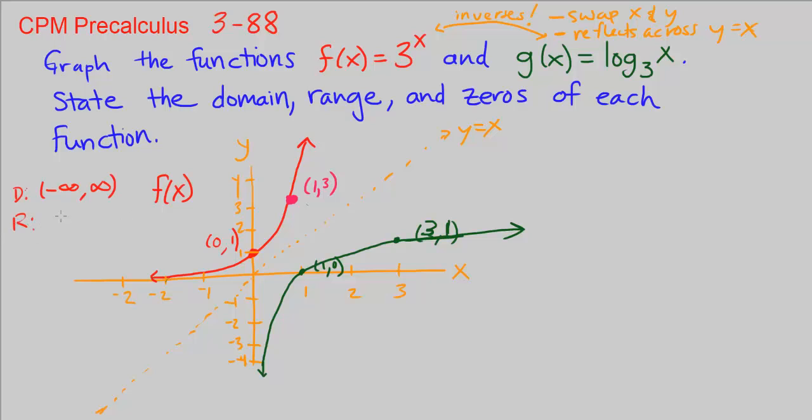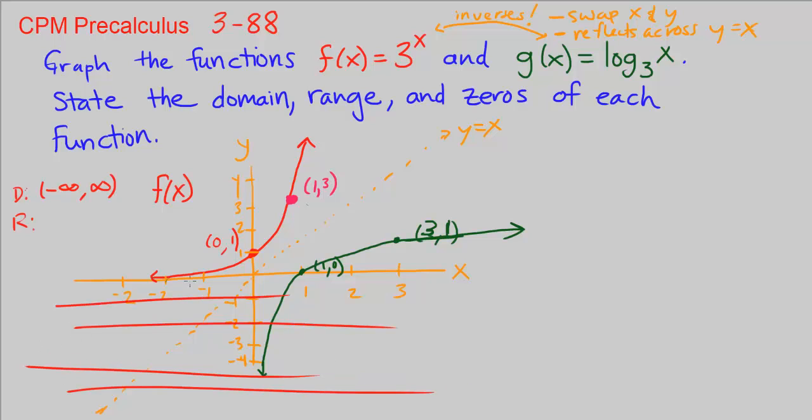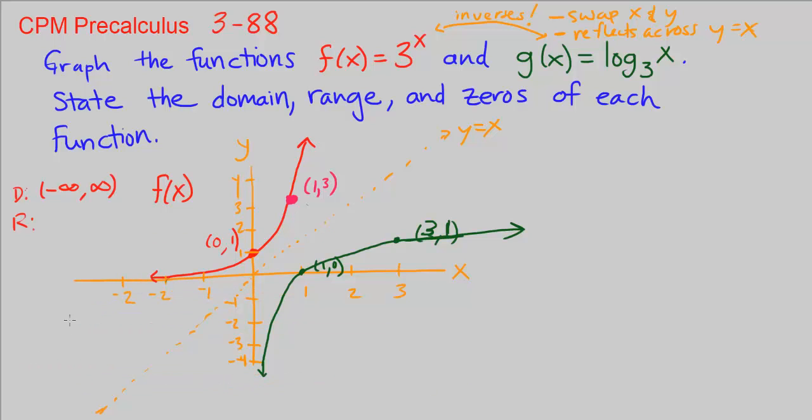Our range for f of x is, well, when we have this x value down here, going from down to top, when do we start hitting our graph? Okay, so we start hitting our graph right after our x-axis, because this in red doesn't cross the x-axis here. It just barely goes over it. It approaches it.